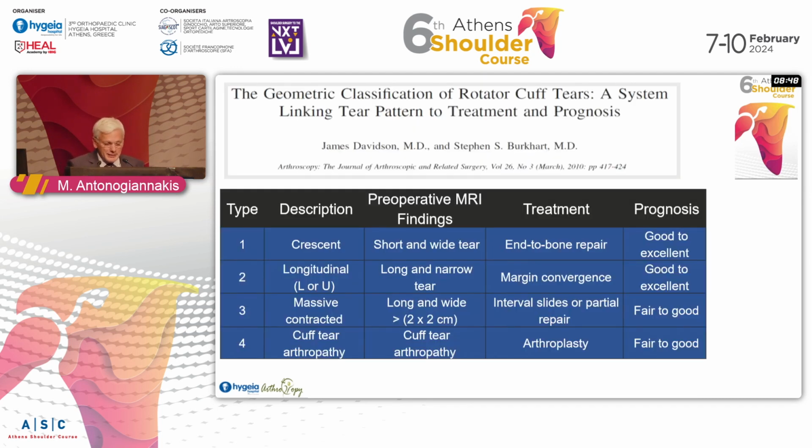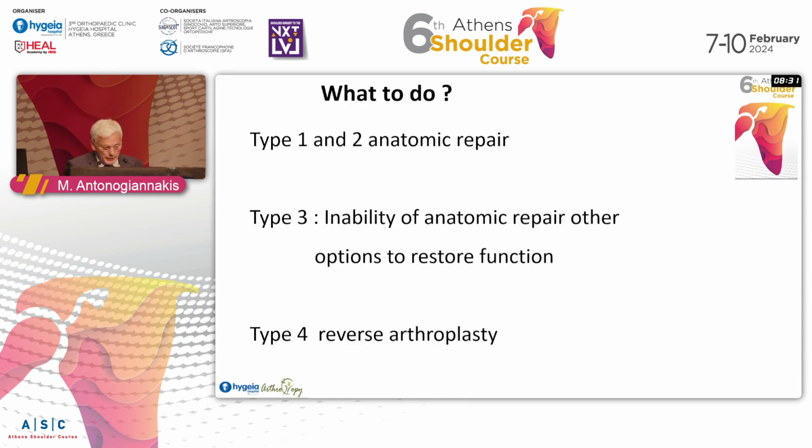And then came this classification showing that this idea works very well for medium-sized tears, U-shaped tears, crescent-type tears that can be repaired, because there are tears that cannot be repaired. And then the question was, what do we do when we cannot repair the tear or when the repair is going to fail?